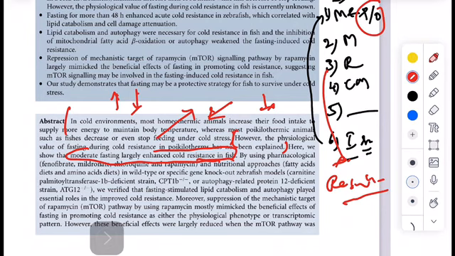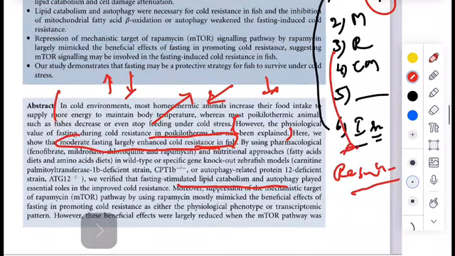Next, coming to the next results: we verified that fasting stimulated lipid catabolism and autophagy. These are their results. Next, moreover, suppression of the mechanistic target of rapamycin pathway by using rapamycin mostly mimicked the beneficial effects of fasting in promoting cold resistance, in physiological phenotype and transcriptomic pattern. So they have explained the results completely in this section.